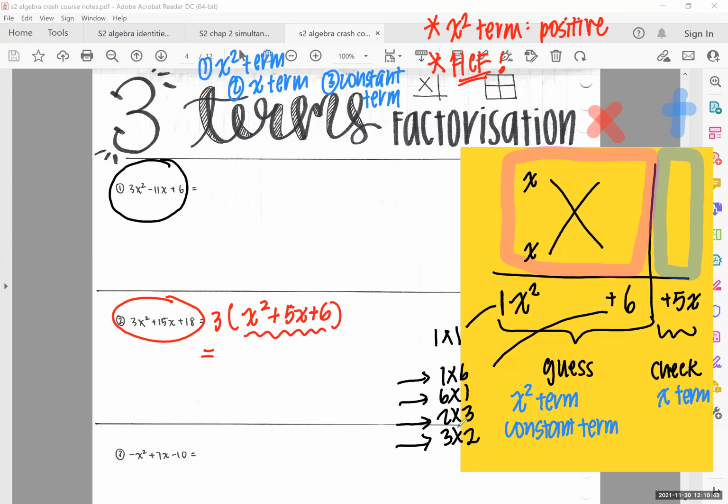Listen here. Let's say I use 1 times 6. Or rather 6 times 1. I put 6 and 1 here, right? Remember just now I told you, cross to give you here, right? So what happens? X times 6 is 6x, right? X times 1 is 1x. So to get positive 5x means here must be positive 6 and -1.